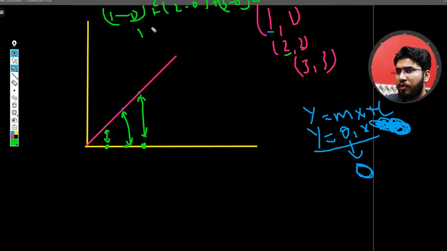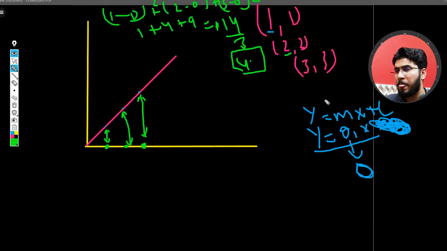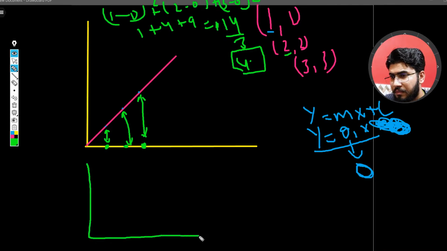So this is going to be 1 plus 4 plus 9, which is 14. Okay, and 14 divided by 3 is going to be 4 point something. So this is our error for the first time. Now we have this, so let me also plot the graph similarly.